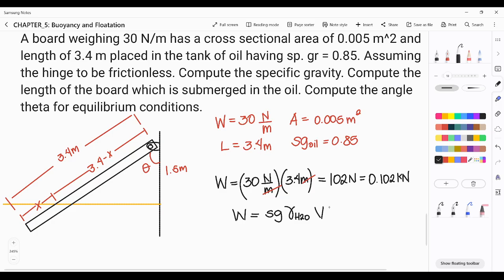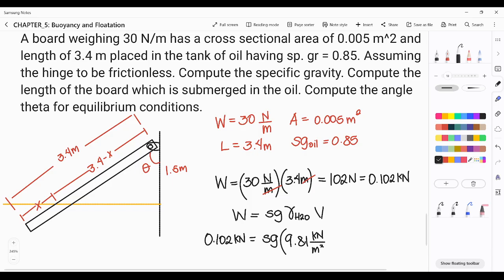Simple lang, salpak lang. Ano yung nakuha nating weight? 0.102 kilonewtons. Nawawalang SG, specific gravity, times the specific weight of water. Pag fluid mechanics talagang water lagi yung mga kasalubong mo eh.